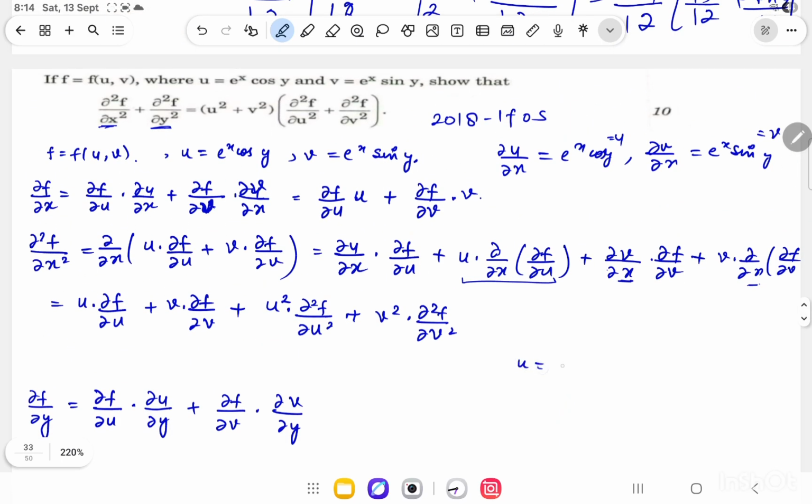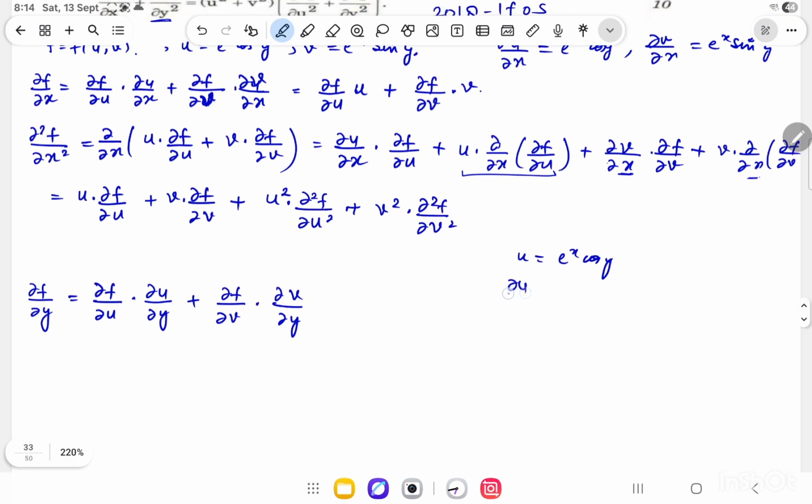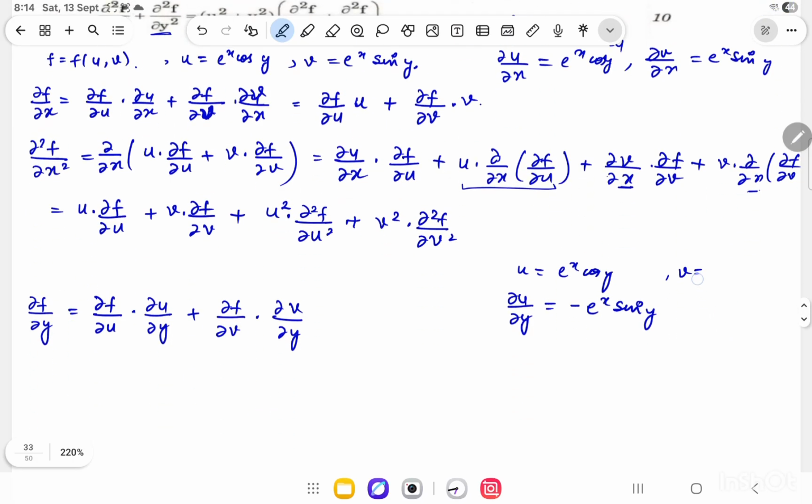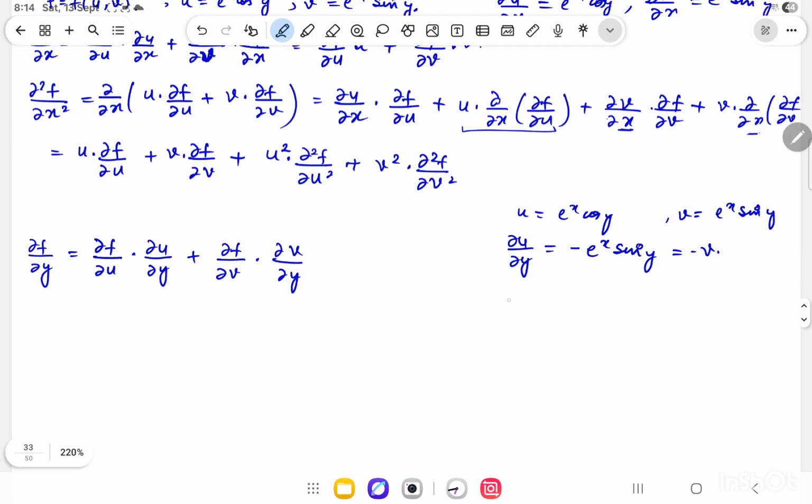My u is e raised x cos y, so del u by del y will be minus e raised x sin y, and my v is e raised x sin y. So this is equal to minus v, and del v by del y will be e raised x cos y, so this is u only.